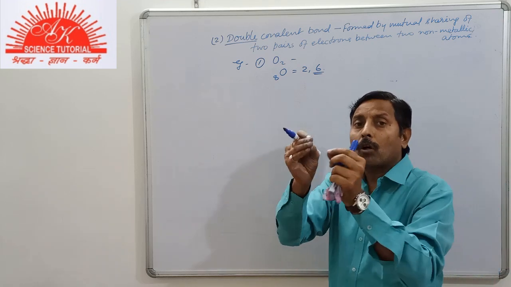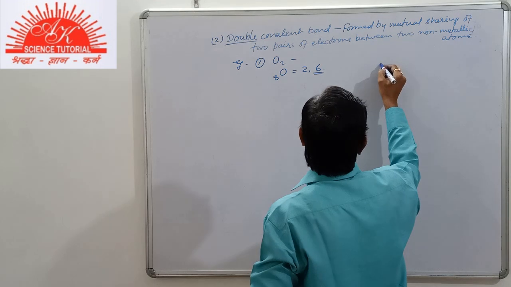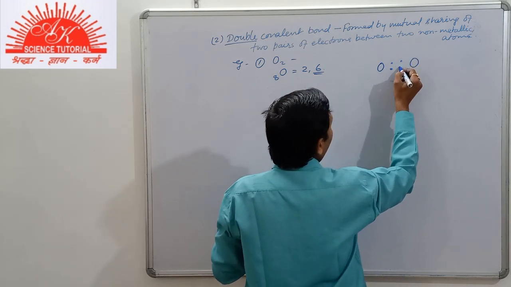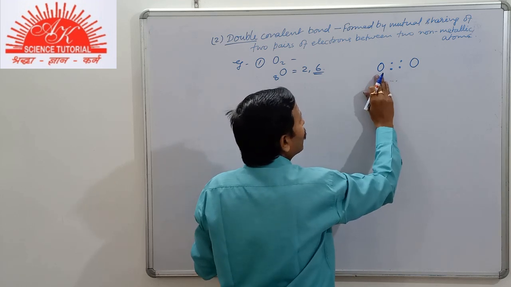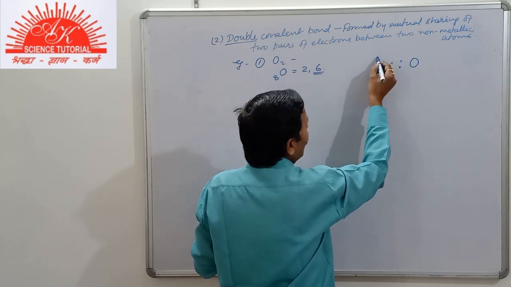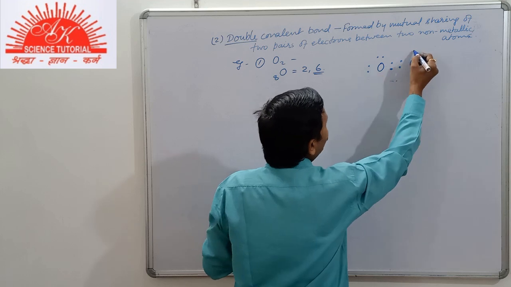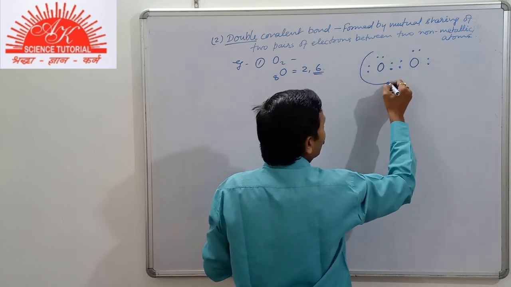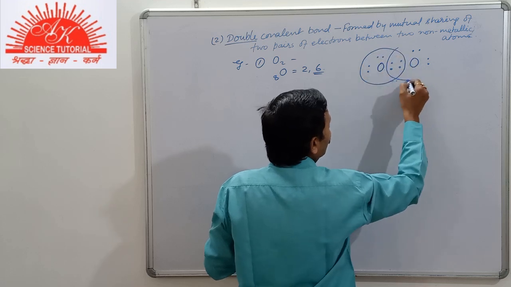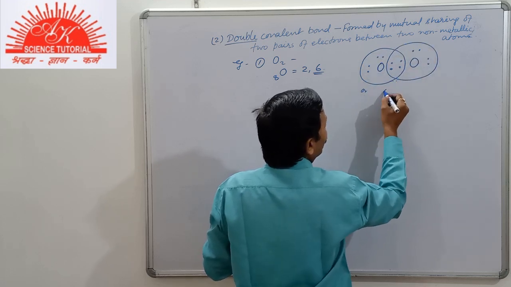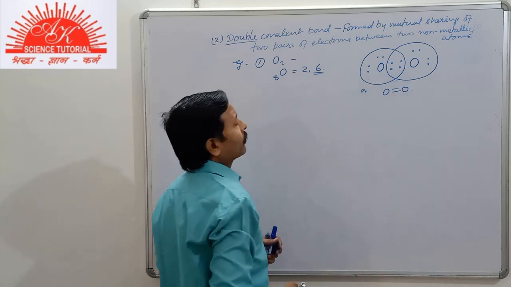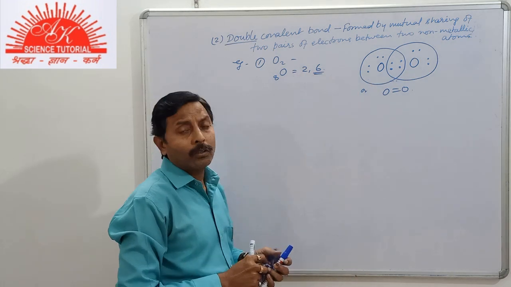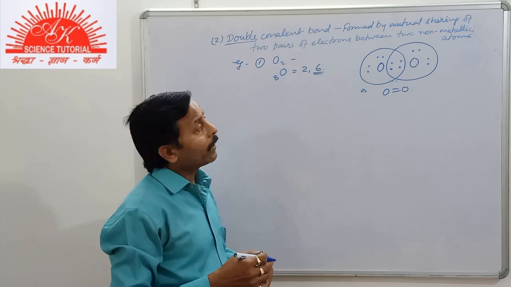Hence the two oxygen atoms will share 2 electrons with each other. That is, both the oxygen atoms impart their 2 electrons, leaving behind the remaining 4 electrons. Hence the double covalent bond is formed. So this is the oxygen molecule. Now take another example.